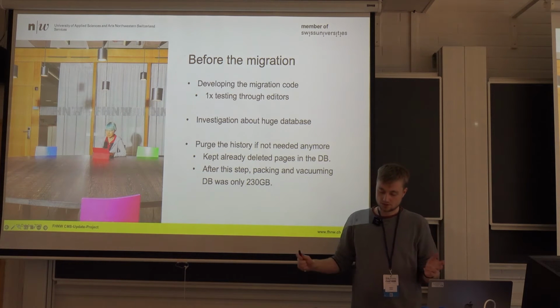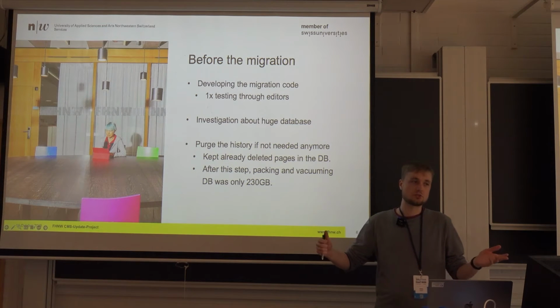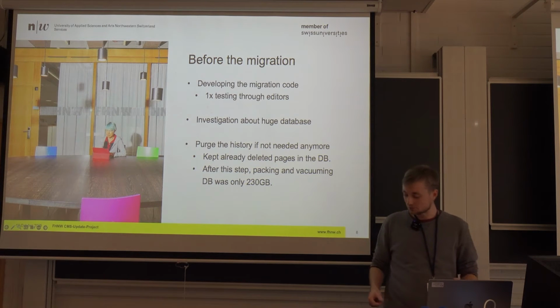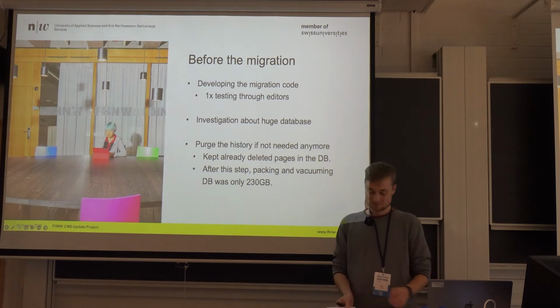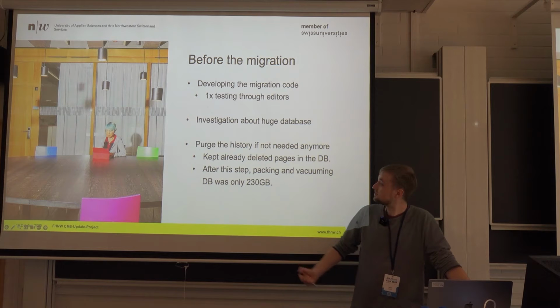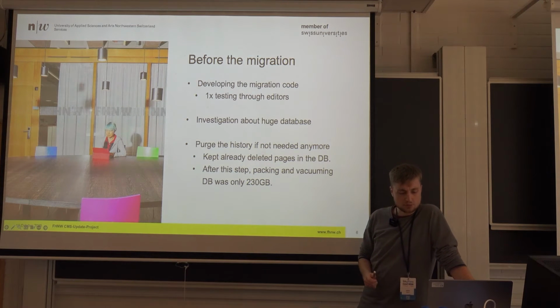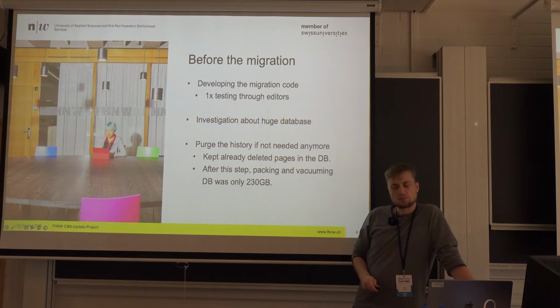But, you know, as we're Swiss, we just threw money at it in terms of disk space. Yeah. And the investigation showed that we had a problem with history there. And I think it was also a bug in Plone iterate involved, but I'm not sure anymore, to be honest.